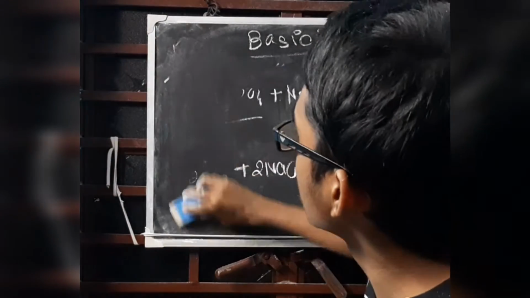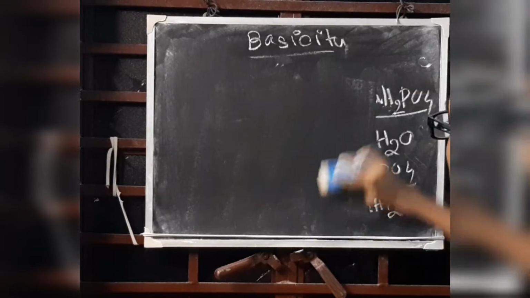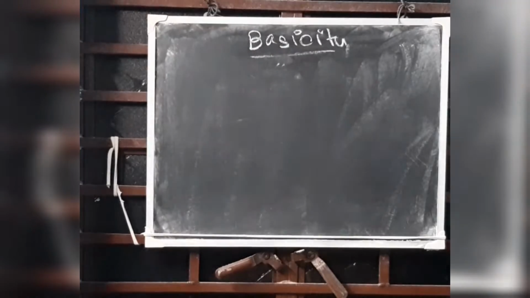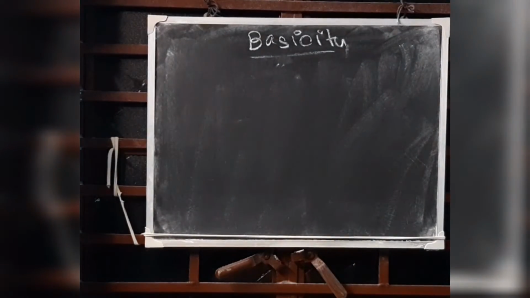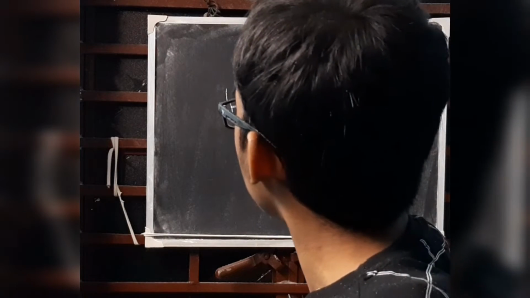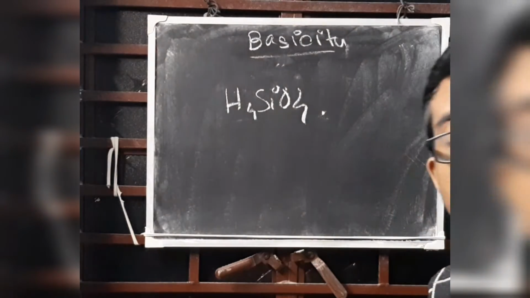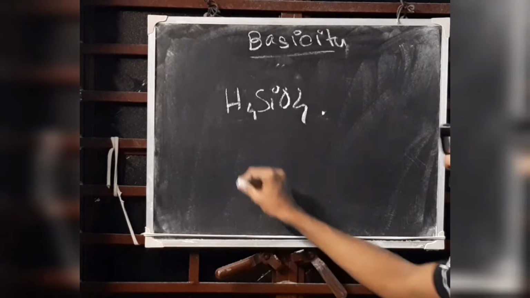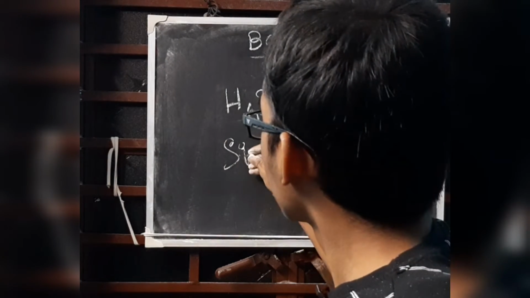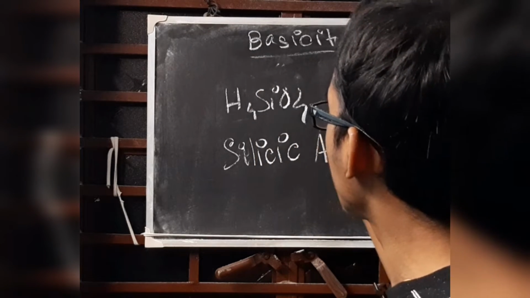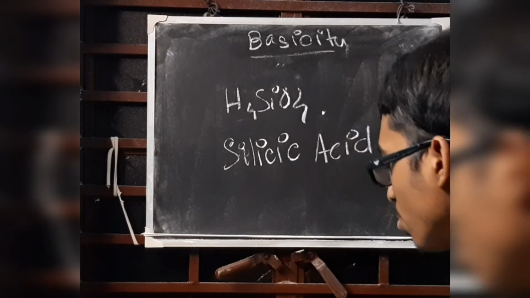Last part, a very small thing that you need to remember, that is tetrabasic acid. The name of a tetrabasic acid might come as a question. So remember the acid H4SiO4. It is called silicic acid. Spelling: silicic acid.